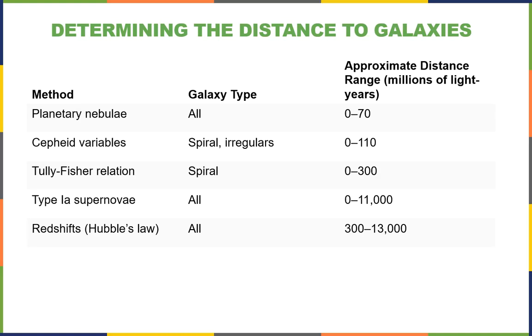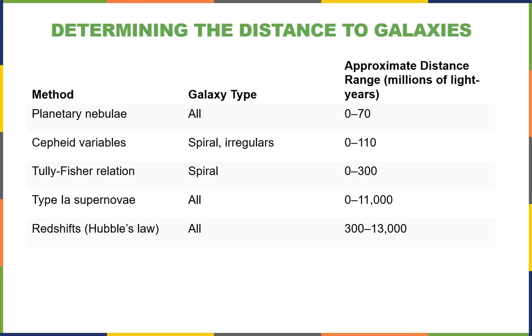So these things that are listed on the left are methods of determining how far away something is. So we have the planetary nebulae. Planetary nebulae, remember, is the nebula, the gas, that's been emitted by a star before it dies and becomes a white dwarf.